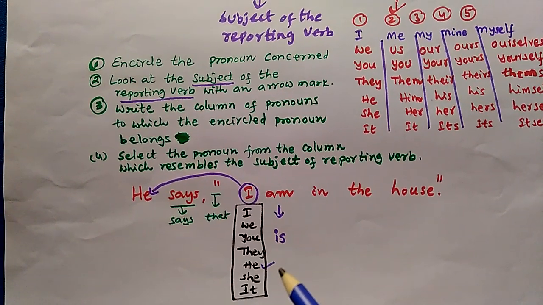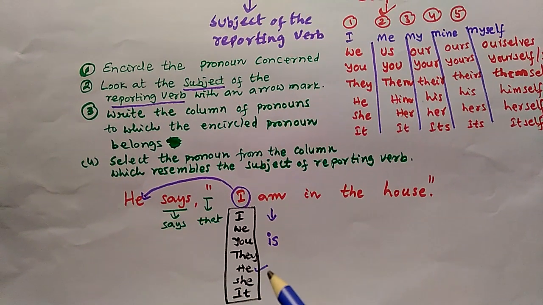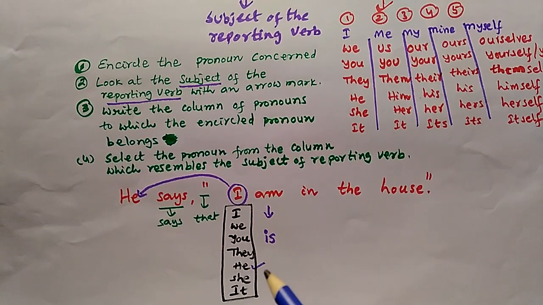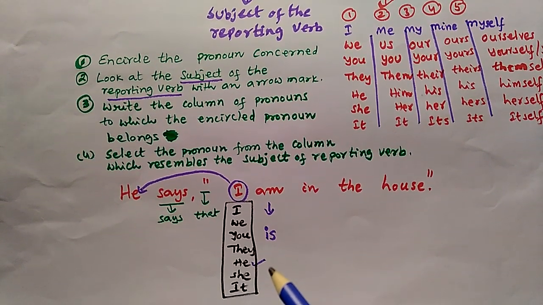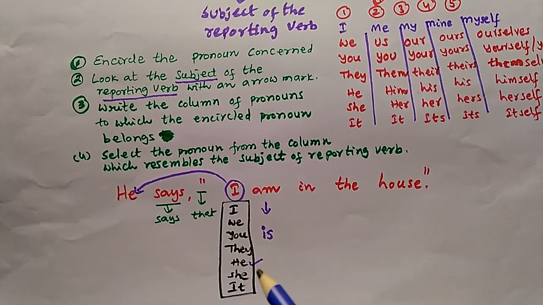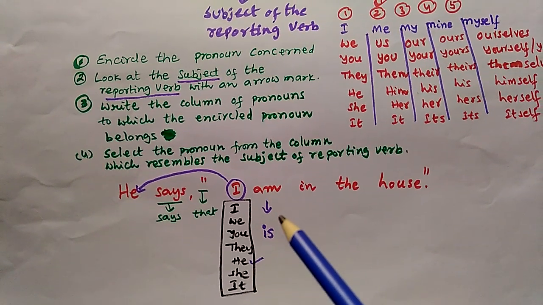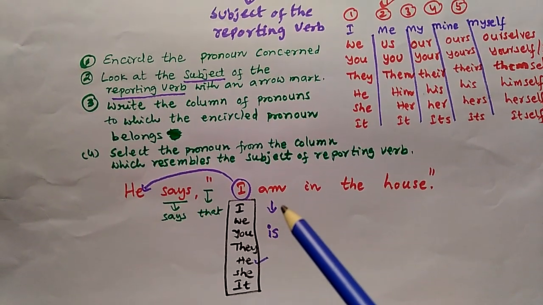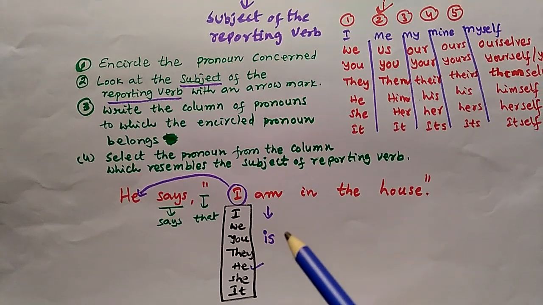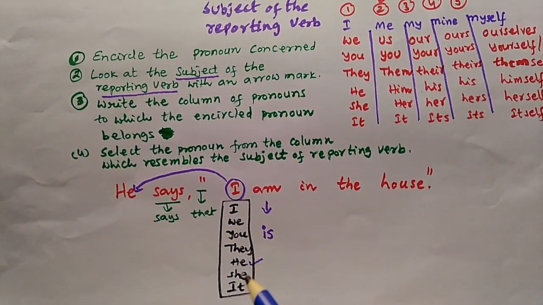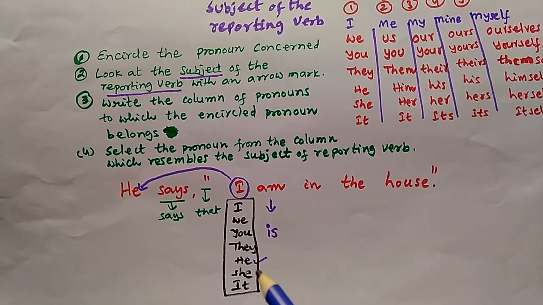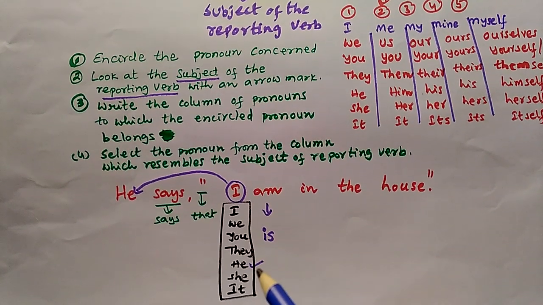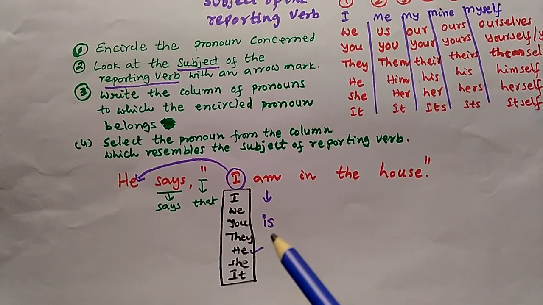So we get I changed into he in the answer. And to be in agreement with he, am is to be changed into is. But here this is not a verb change; the same tense is there. But since we have identified he as the changed pronoun, is agrees with it.